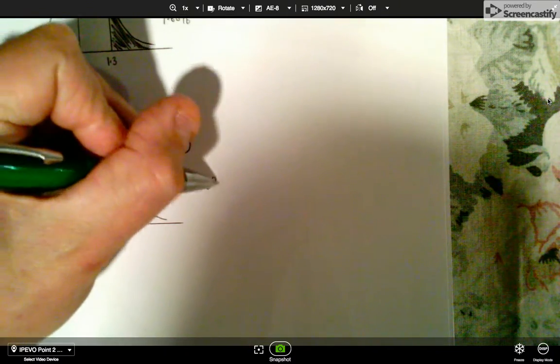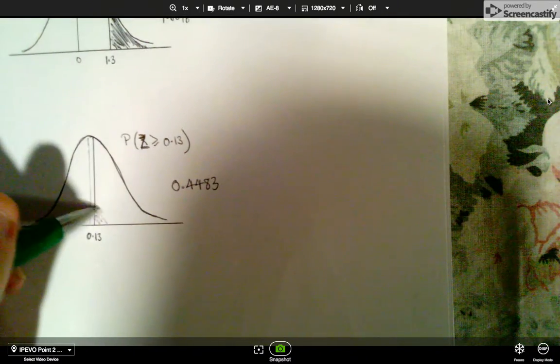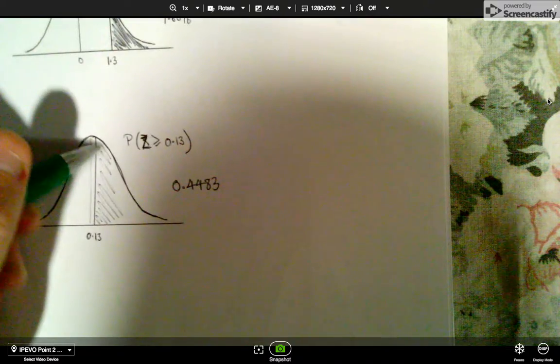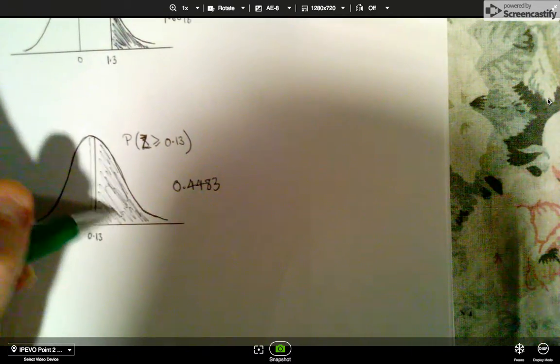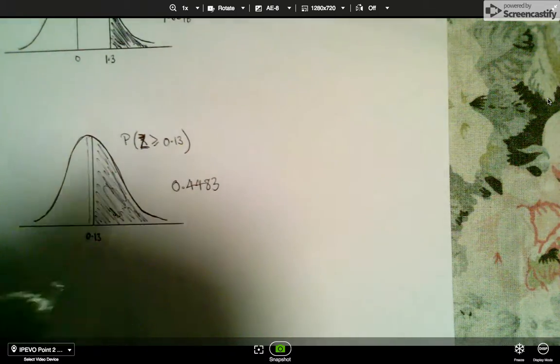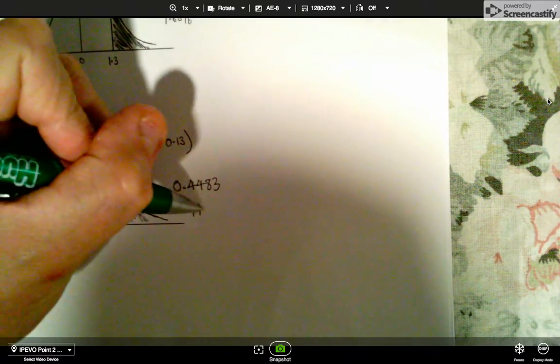We want greater than, so we want this area here. And that's pretty good, that's what we would expect. About 44.83% of the time, our z-score is going to be above 0.13.